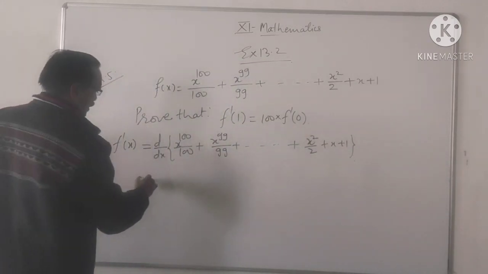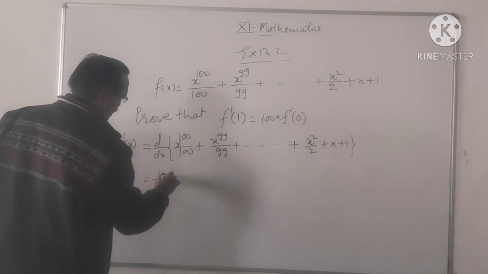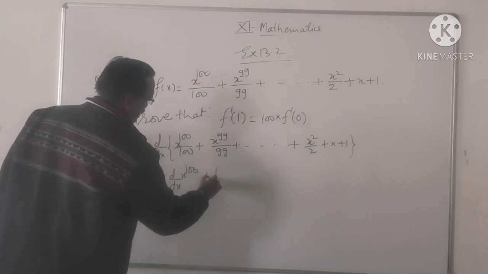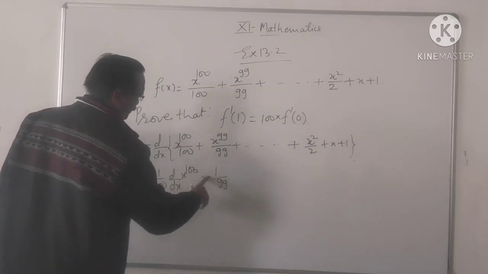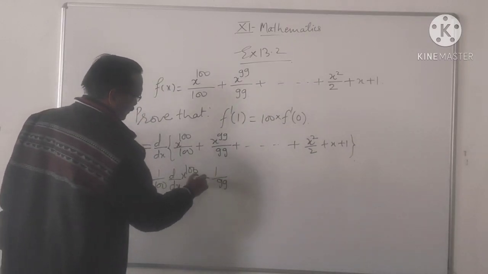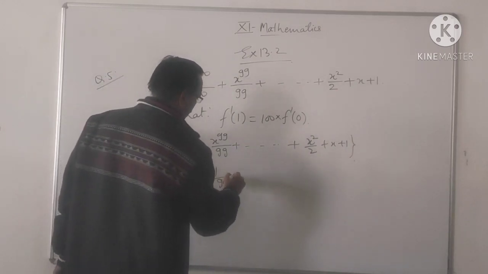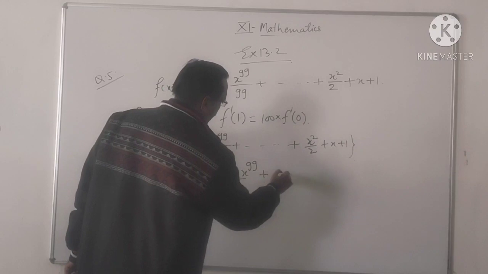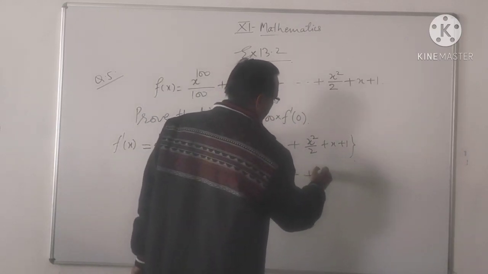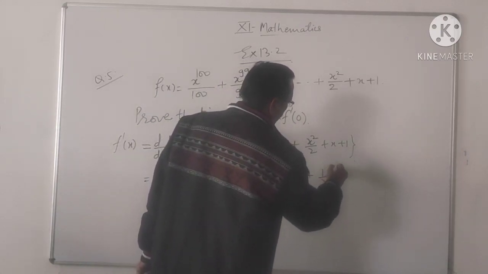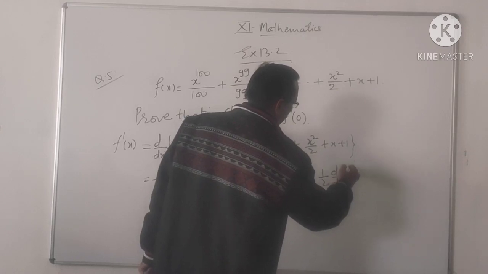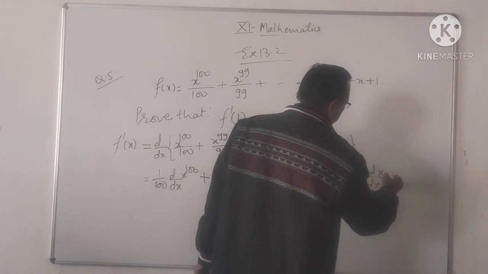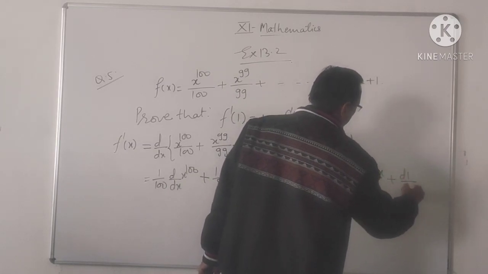Then here 1 upon 100 is a constant, take it out, d over dx of x power 100 plus 1 upon 99 d over dx of x power 99 and so on plus 1 upon 2 d over dx of x square plus d over dx of x plus d over dx of 1, which is 0.